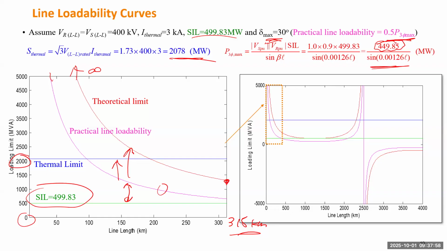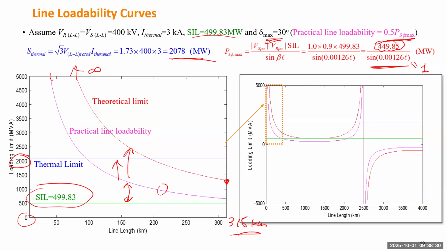When the denominator becomes 1, when you take 90 degrees, sine 90 degrees makes the theoretical limit the minimum. This point is about a quarter of the wavelength, because a wavelength is 5,000. So at a quarter of the wavelength, the theoretical limit is even lower than the surge impedance load.